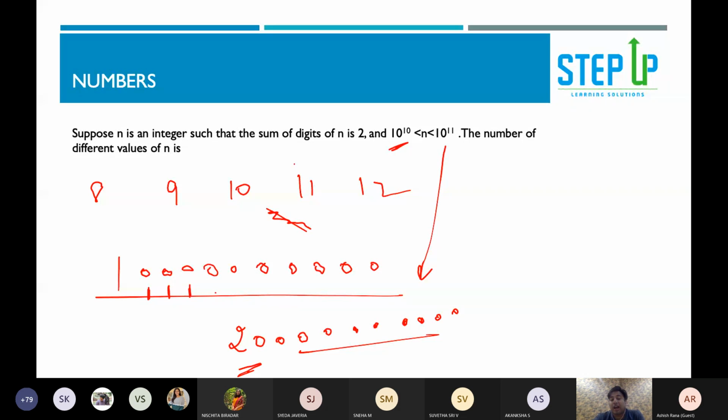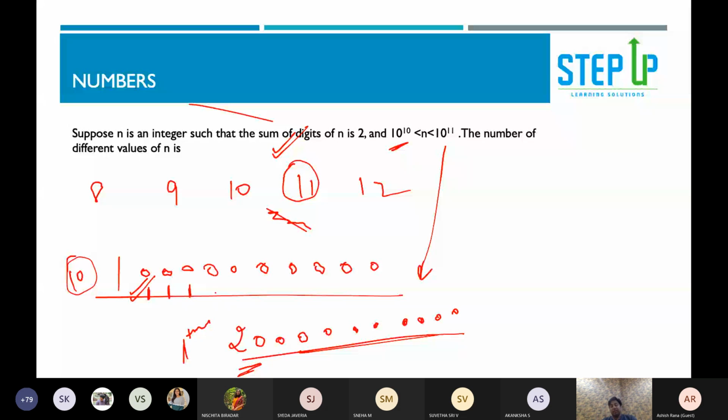So overall the answer I'll get is what? 11. So that should be the right answer for this type of question. Right? Sir, 11 because? Here you put 1 in 10 positions, so these are 10 possibilities, and the 2 with 10 zeros is the 11th number. Okay, okay, yes sir.